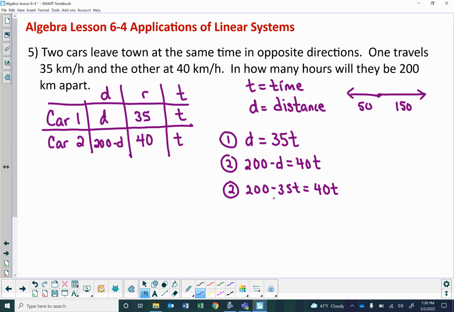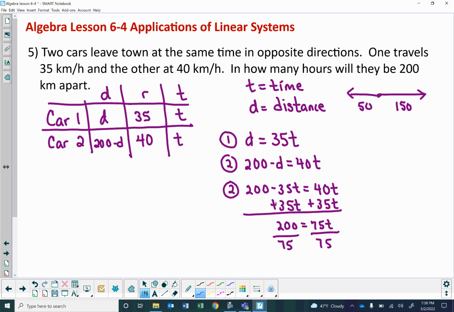So if I solve this, I'm going to add 35t to both sides. That's going to give me 200 equals 75t. To solve for t, I'm simply going to divide both sides by 75.